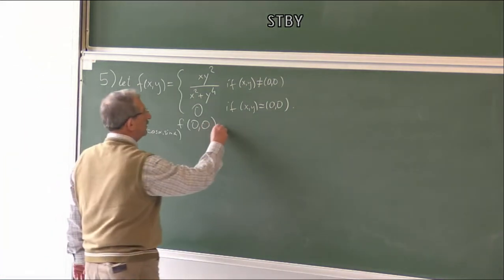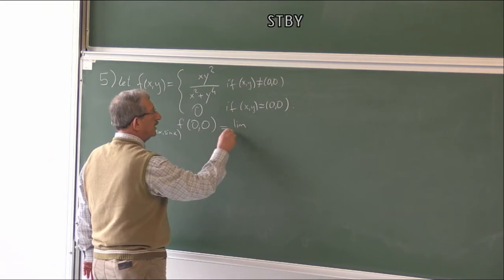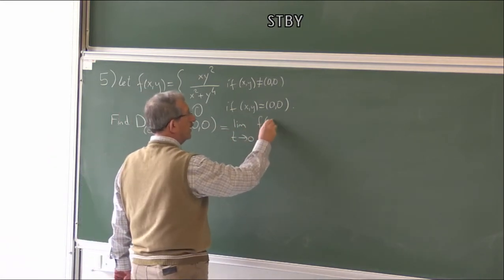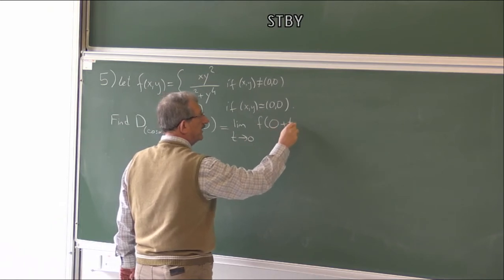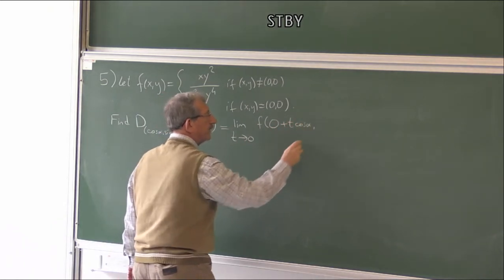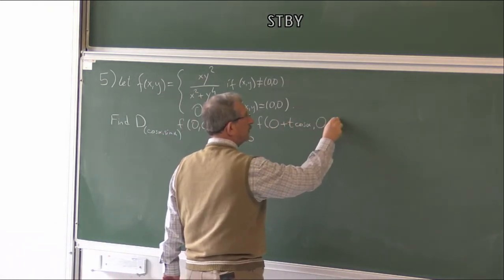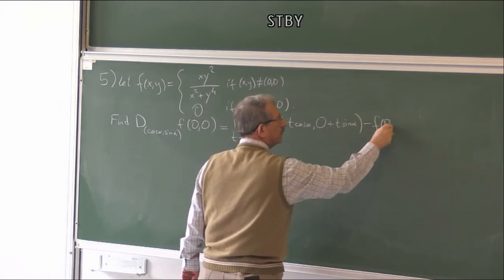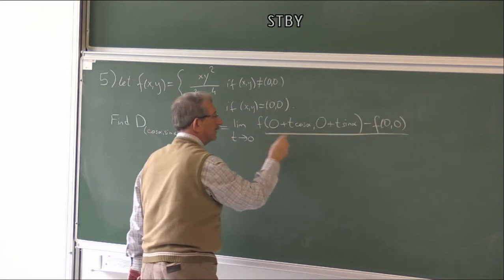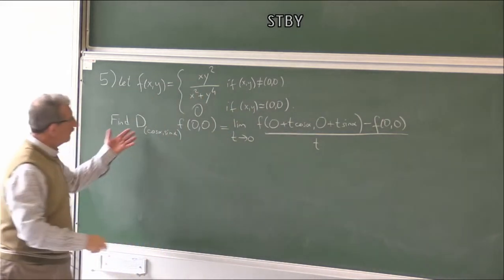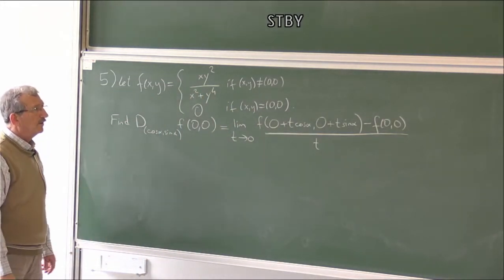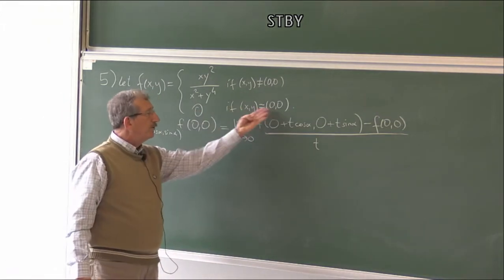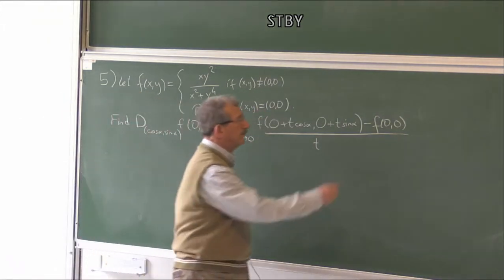Now, this is then the limit as t goes to 0 of f(t cosine alpha, t sine alpha) minus f(0, 0), divided by t. This is the definition of the directional derivative. Well, f(0, 0) is 0, it's given.